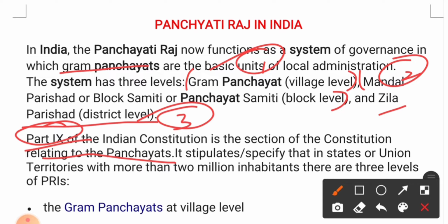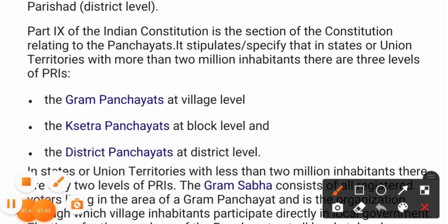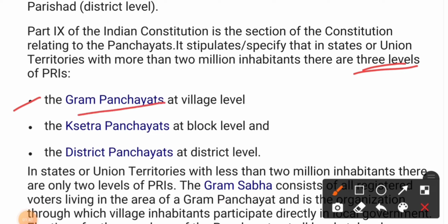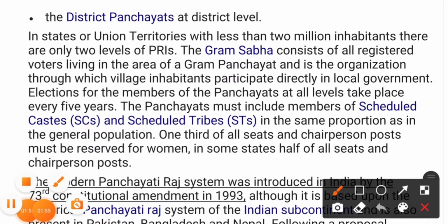So from this point of view, the first is the Gram Panchayat, second is Kshetra Panchayat and District Panchayat, which you have already read about, right? The village level, block and district level. Further it says, in states or union territories with less than 2 million inhabitants, there are only two levels of PRIs.